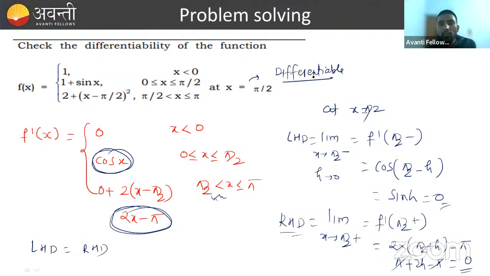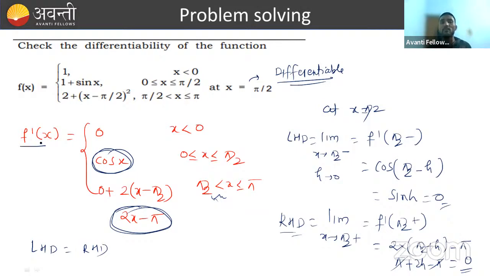Okay, so this is the method that I have told you regarding that. You can easily solve. Otherwise, you can simply use that formula also, that is f of pi by 2 plus h minus f of pi by 2 divided by h for right hand derivative, and for left hand derivative you can write f of pi by 2 minus h minus f of pi by 2 divided by minus h.